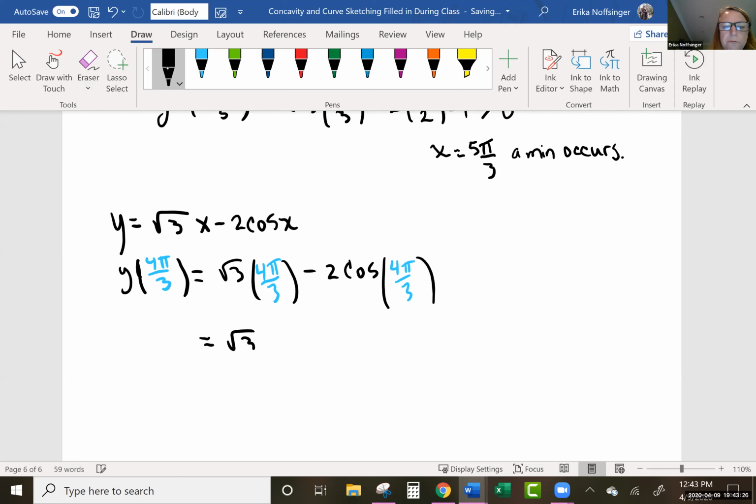So this is √3 all times 4 pi thirds. I'm going to move the 4 pi out front. So 4 pi √3 all over 3 minus, again, 2 times -1/2. So that is -2 times -1/2 is +1.